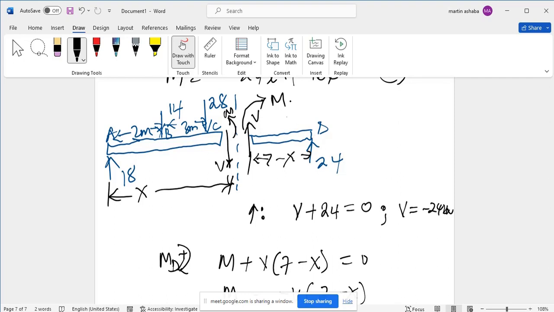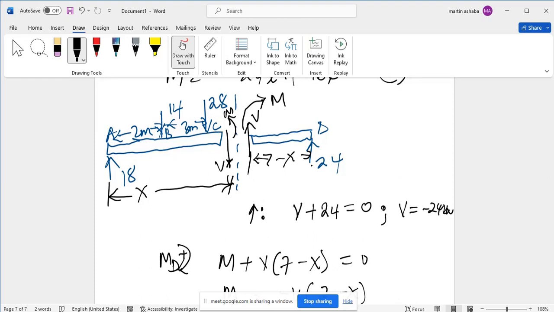So if I indicate the right conventions, then I apply the principle of moments and other equilibrium conditions, then I should get the same equation for bending moment and shear force like I got from this particular portion from A to x.